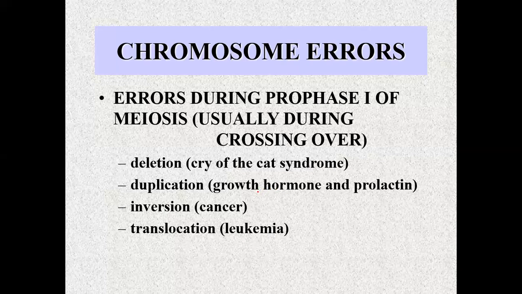The growth hormone gene and the prolactin gene are in the same family. They're very, very similar. And it turns out that we think that the gene for growth hormone, which is a protein that you make in your pituitary gland that makes you grow, and the gene for prolactin, which is the hormone that actually causes women to make milk in their breasts when they have children, are very much the same.